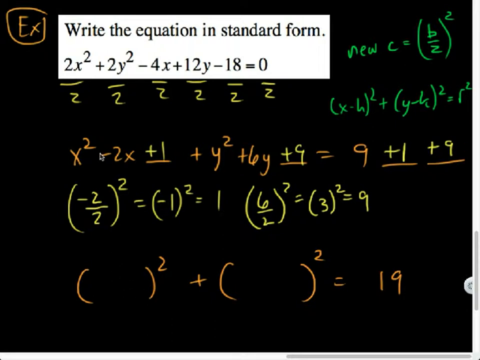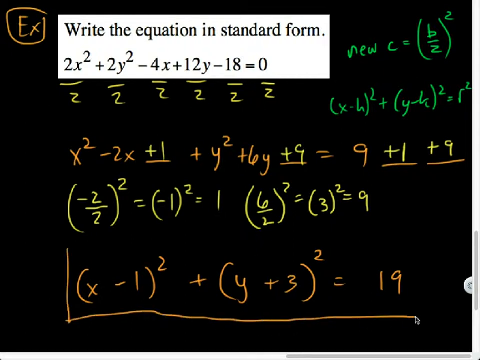It's going to be an x, and it's going to be whatever it was before I squared it. Do you guys remember that little shortcut? Yes. It's negative 1 there. What's going to be in this parentheses? Y and a positive 3. Plus 3. And look, I now actually have this in standard form.